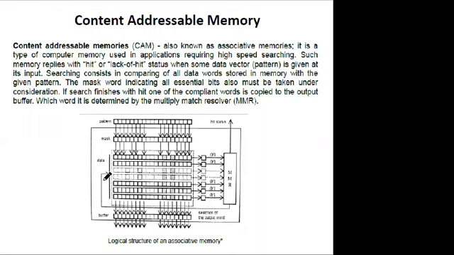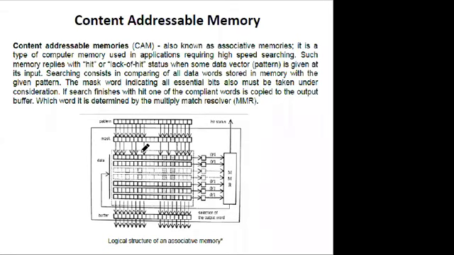When we are performing branch prediction or discussing hazards in case of pipelines, at that time we use this content addressable memory. But right now you just need to know that this is a logical structure of an associative memory. It's a large memory structure, and a particular data has to be searched. It generally is used as a buffer to store some data to be accessed.